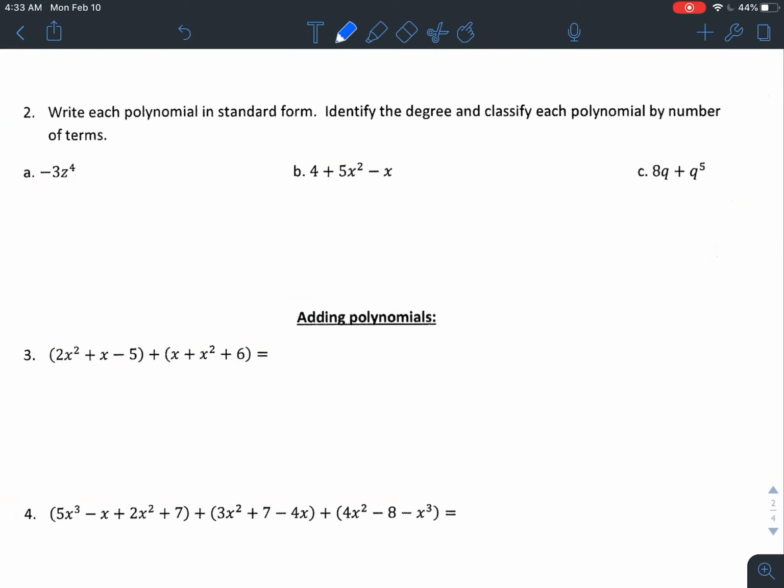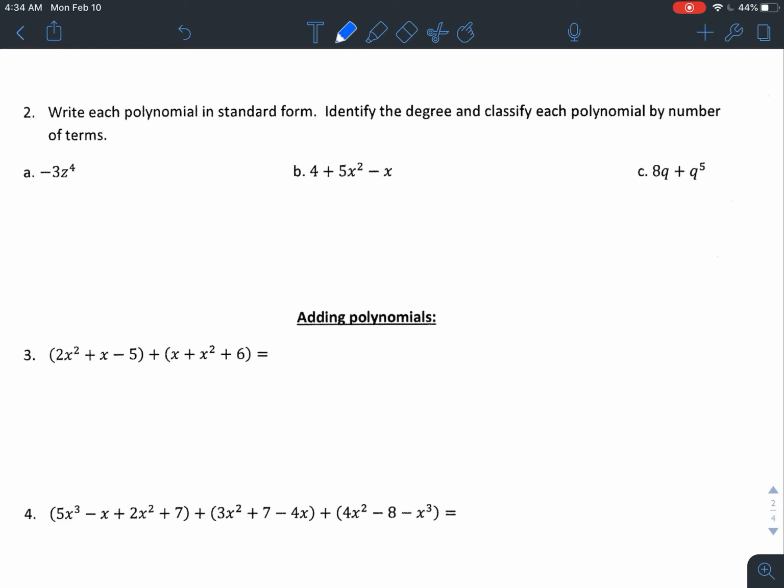Number 2 is asking us to do that again, just the same set of instructions. The one distinction here, after they put it in standard form, they want us to identify the degree and then classify the polynomial by the number of terms. So for us, that just means, is this a monomial, a binomial, or a trinomial? Those are the 3 unique ones that we describe.